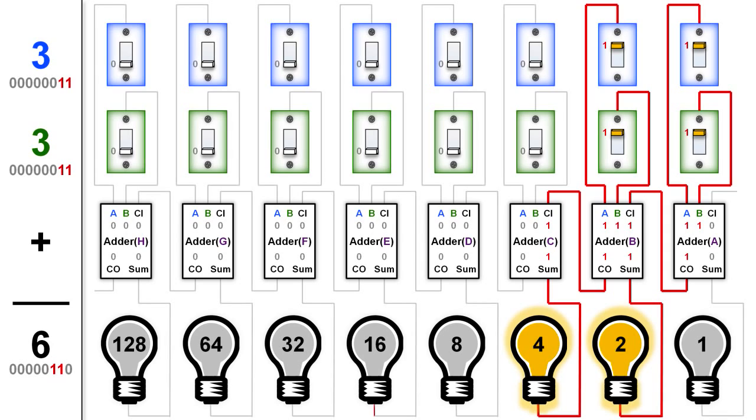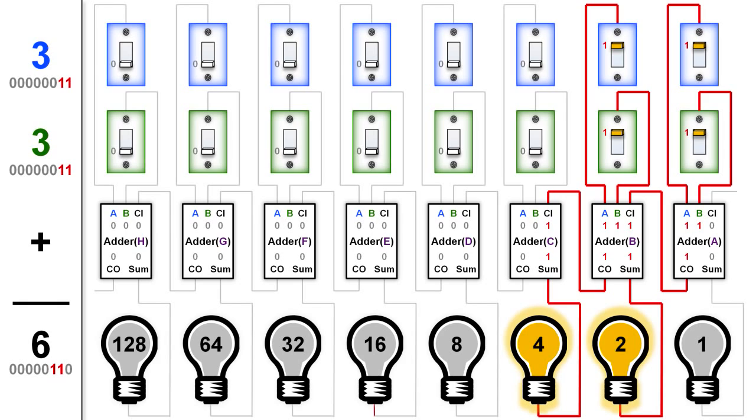So both the sum wire of adder B and the carry-out wire of adder B are on, causing the light bulbs under adder B and under adder C to both be on. So 3 plus 3 equals 6.